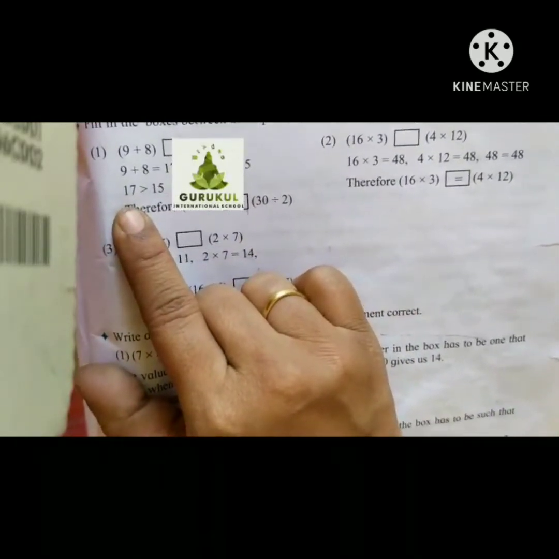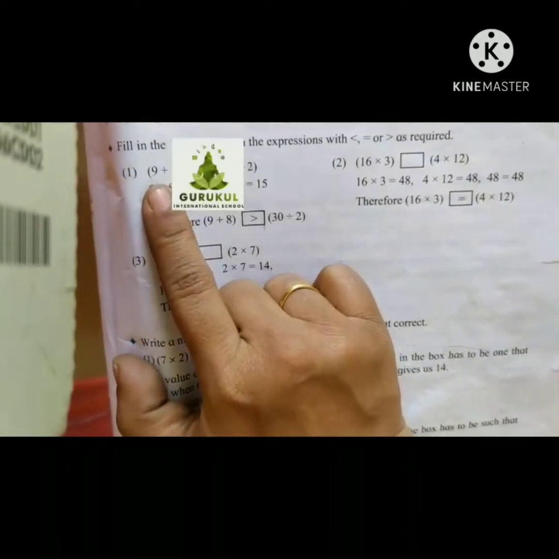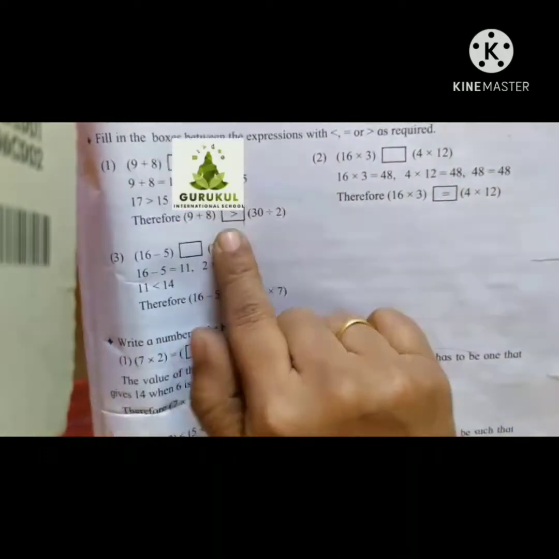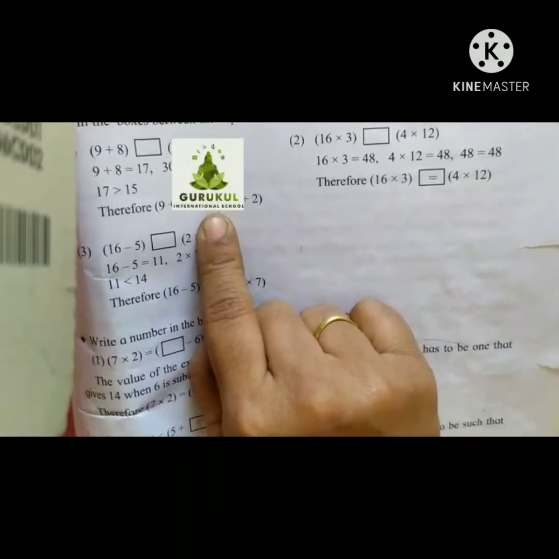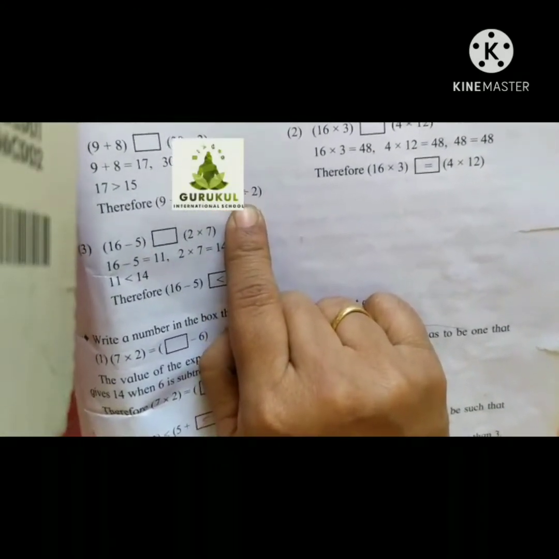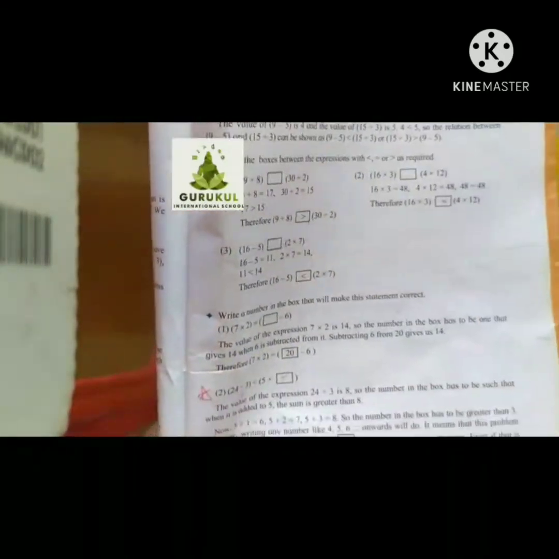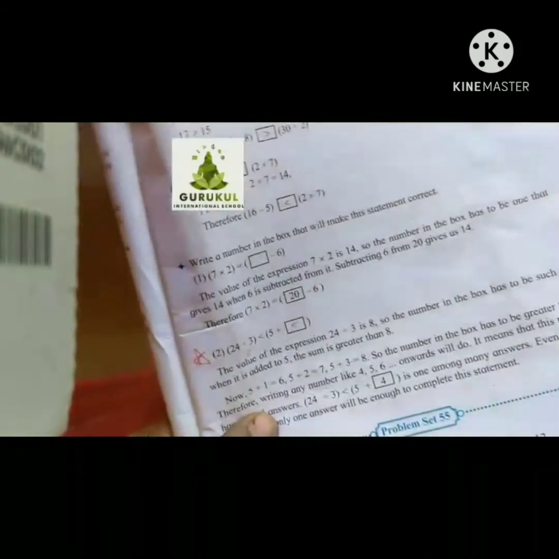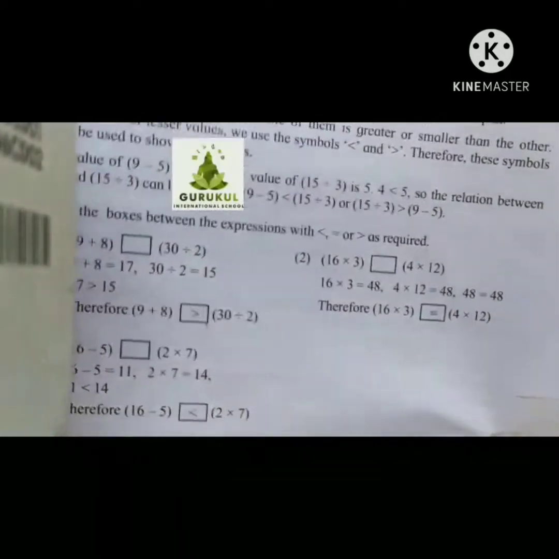That means your 17 is greater than your 15. So the expression 9 plus 8 is the greater one, the greater symbol is given there, and then 30 divided by 2. In this way, various expressions are compared by giving either a greater than or a less than sign.